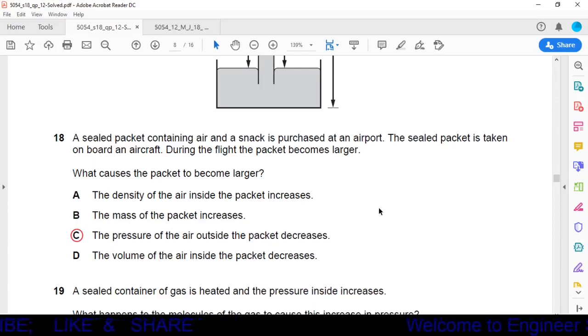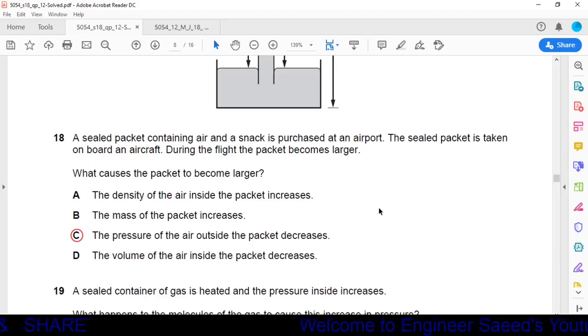Why decreasing? Because with the increase in height, density decreases, and with the decrease in density, atmospheric pressure decreases. So outside the packet, the pressure is less, and inside the packet, pressure is more. So it will become larger.